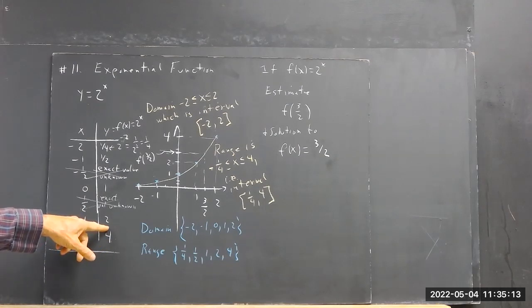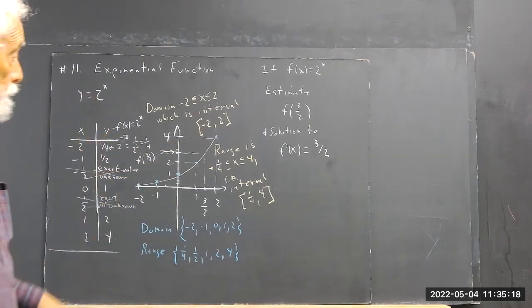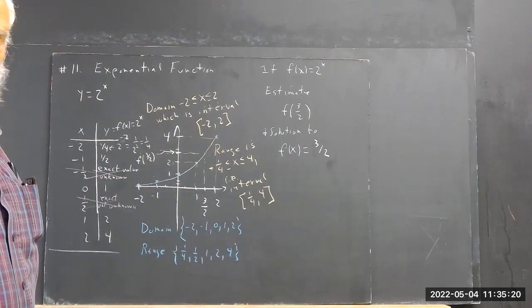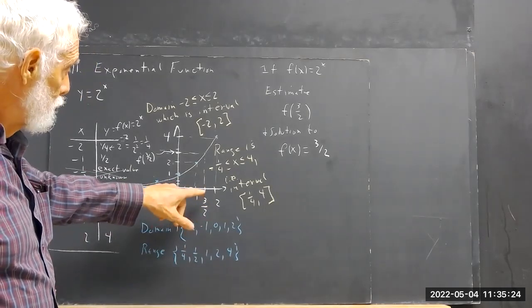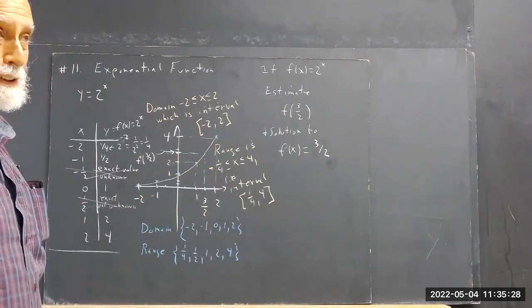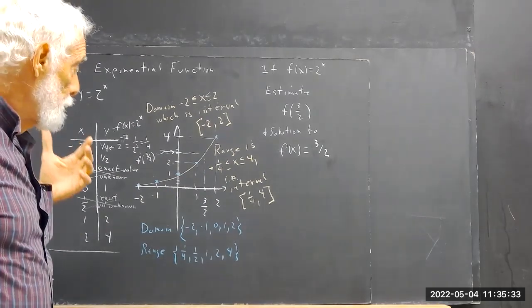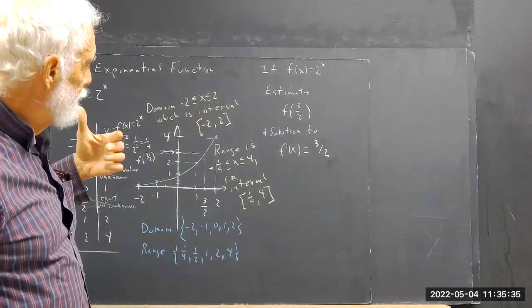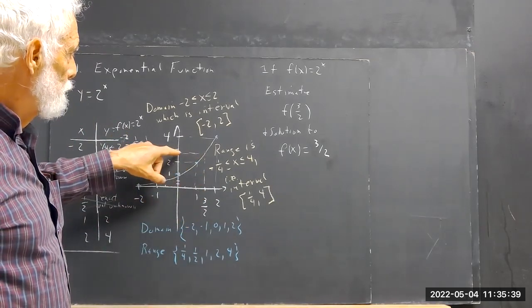Now, if you have a really accurate graph, and this is not all that accurate, okay? But this is a pretty accurate graph. Now my 3/2 is a little too far over. It should be halfway between 1 and 2. So I didn't actually cheat to get that over there. It just happened. But you can get a pretty good estimate.